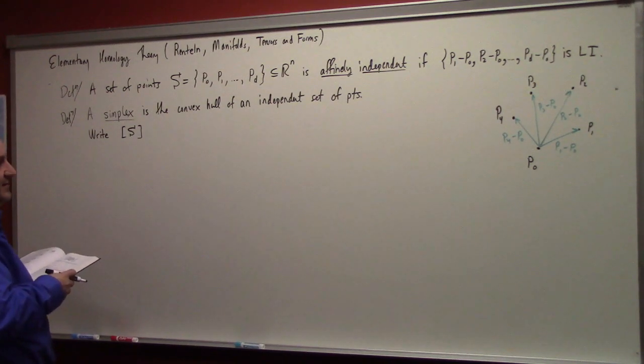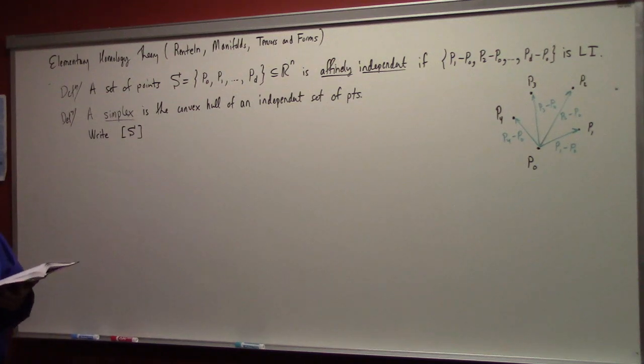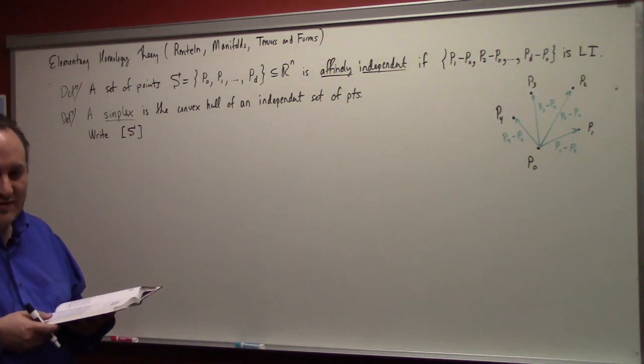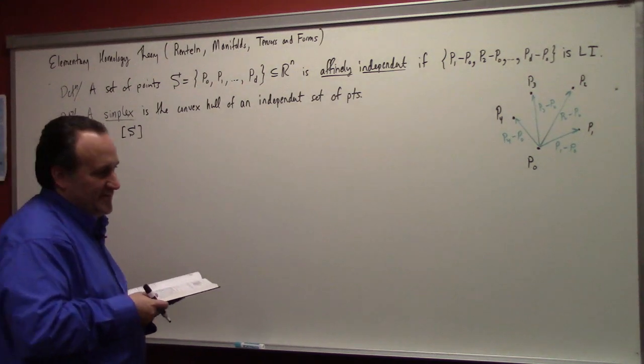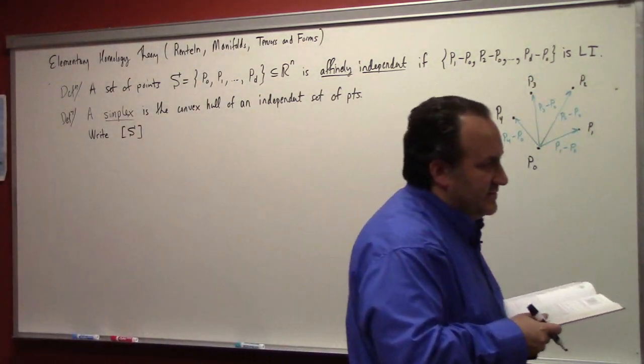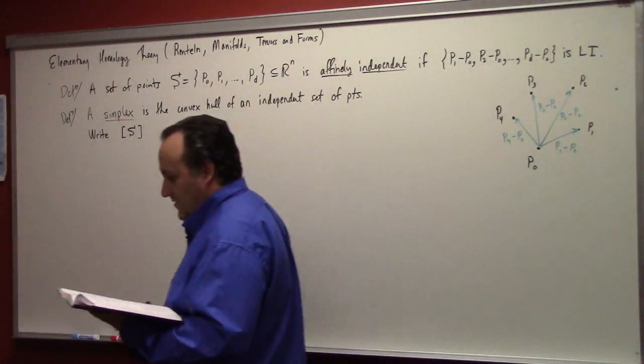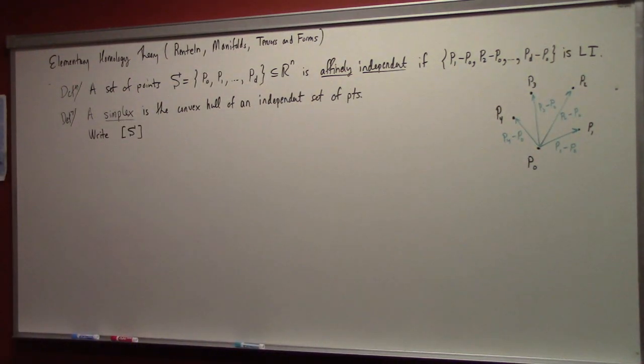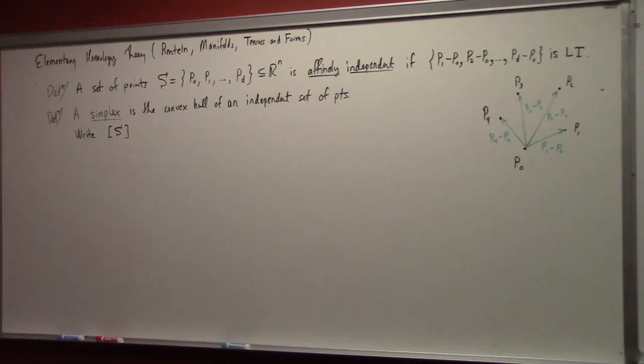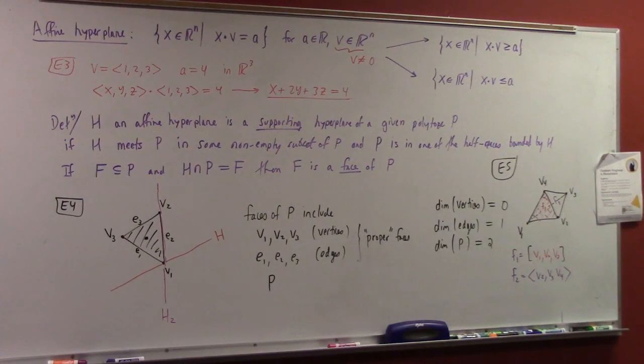Rats. I chose poorly. I've been using angle brackets for that. I should have been using square brackets. That's his notation for the convex hull. Let me fix that. It's going to be an issue because he does use the angle brackets for other things later. So let's try to get on the same page notationally.